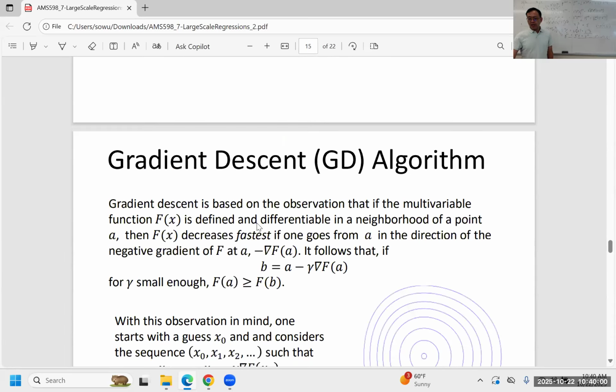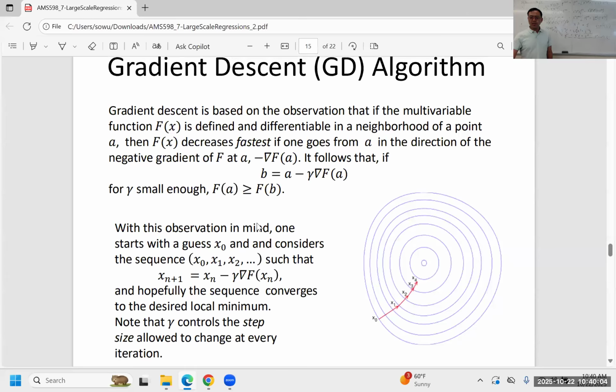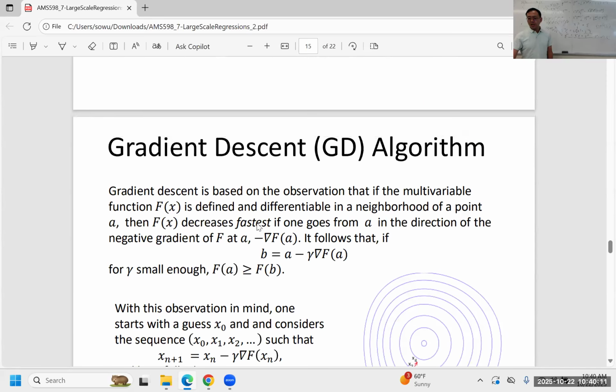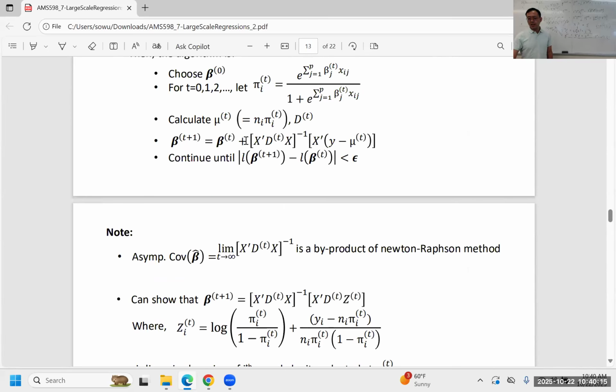There's one thing for Newton's method: everything looks nice, everything is good, and if you want to compute it, we still can. There's just one thing that is kind of bothersome, which is the Hessian matrix. If the data is large, then computing the Hessian matrix is heavy, because it involves a quadratic evaluation.